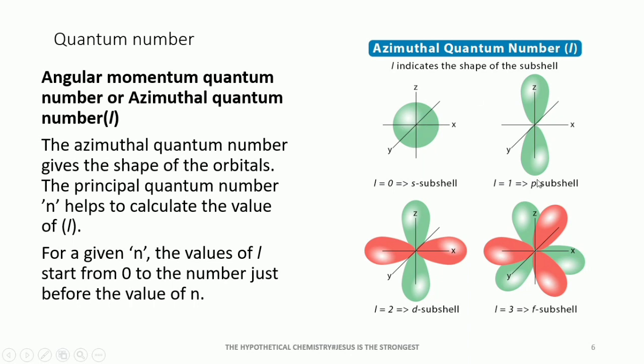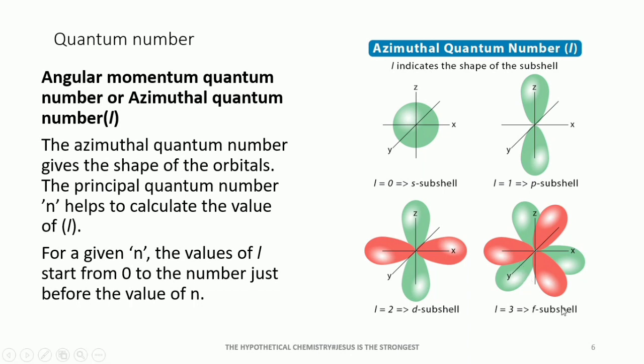Then the p orbital is dumbbell in shape. Now looking at the d orbital, it looks like a clover leaf, so we term this shape the clover leaf shape.